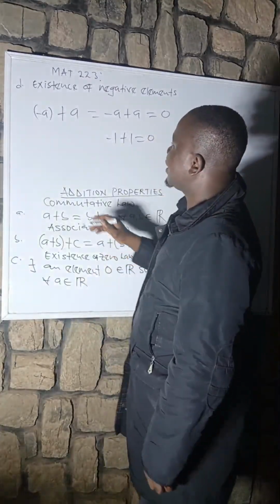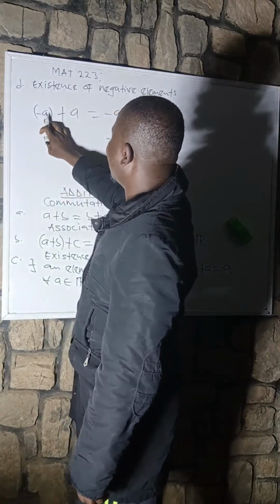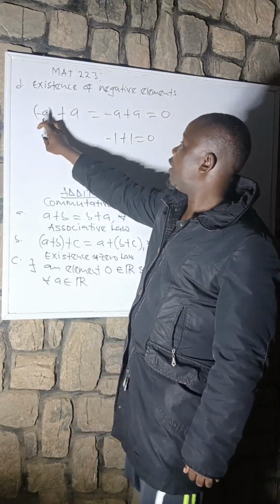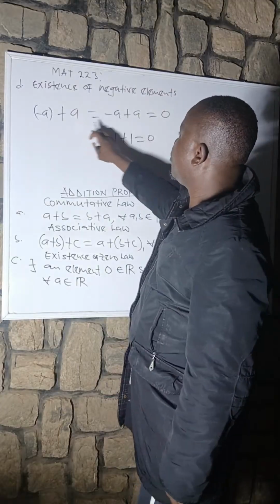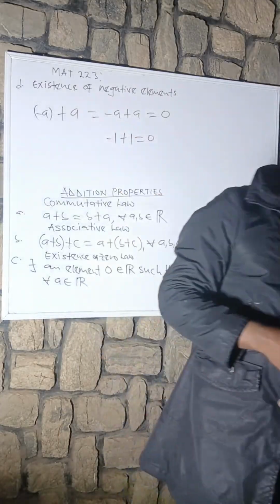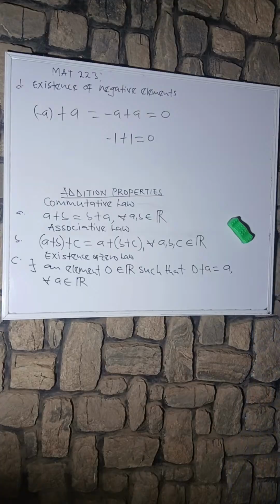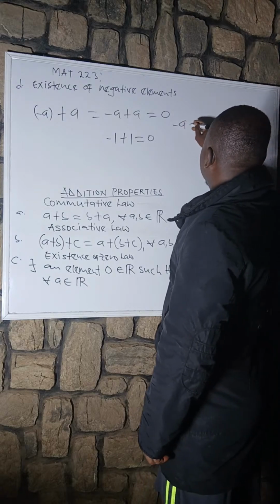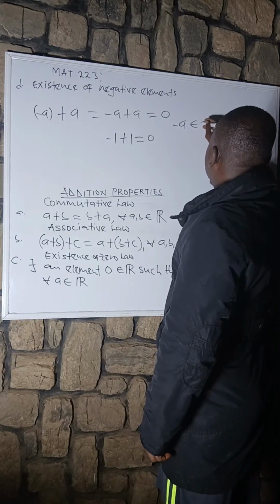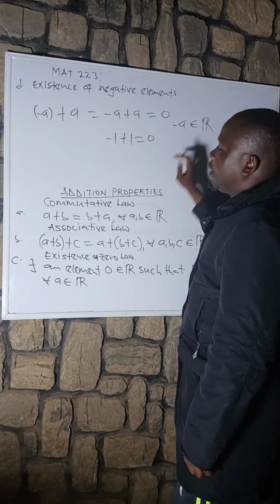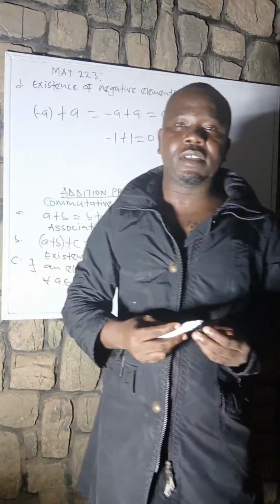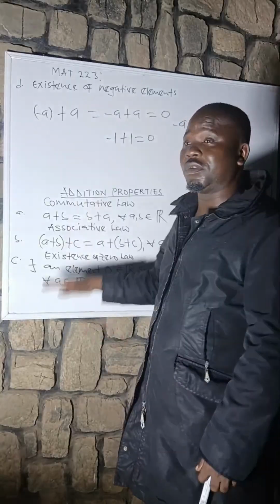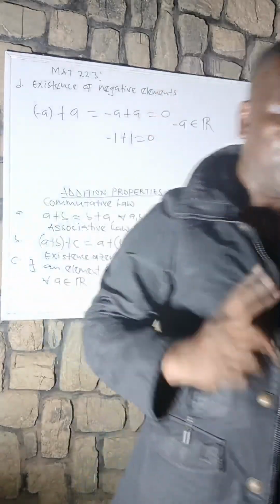So you can now see the existence of negative element here is minus A, then plus A gives you 0. Look at the board very well. But note that this minus A is contained in real numbers. Any questions so far? Anytime soon, we'll make use of this to prove some theorems. Is that clear? Take note.